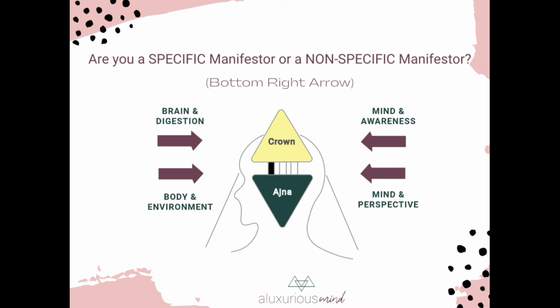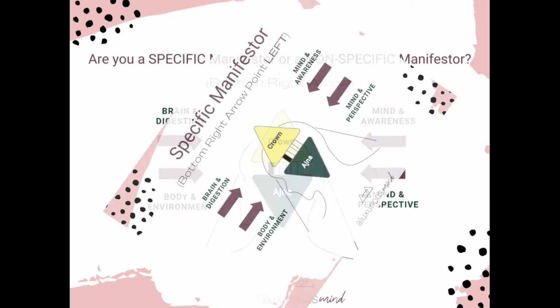So how do you know if you're a specific manifestor or a non-specific manifestor? If you're looking at the body graph chart that you generate, you're going to notice that there's 4 arrows at the top of the body graph chart, kind of around the head centers. And you're going to be looking at the arrow on the bottom right-hand side of the body graph chart.